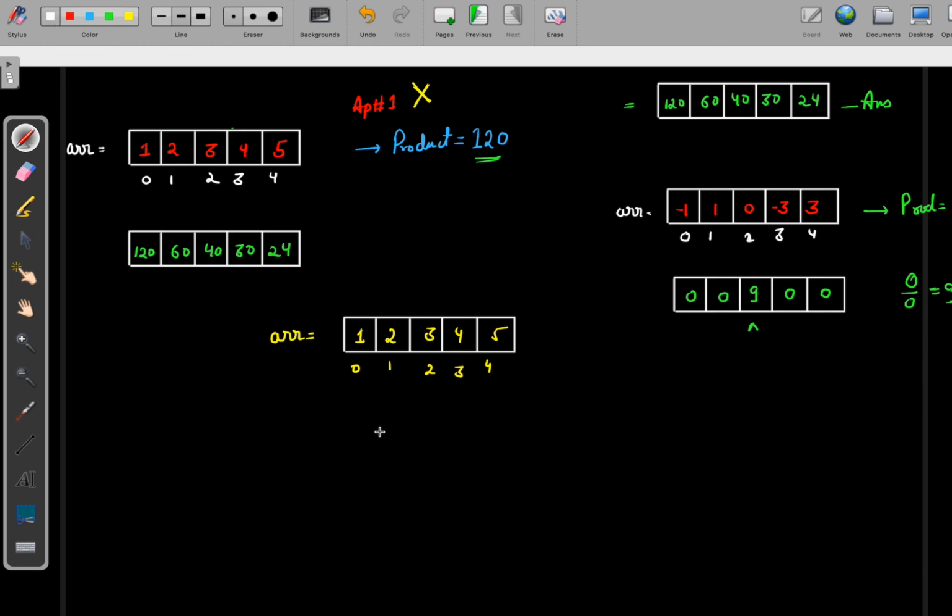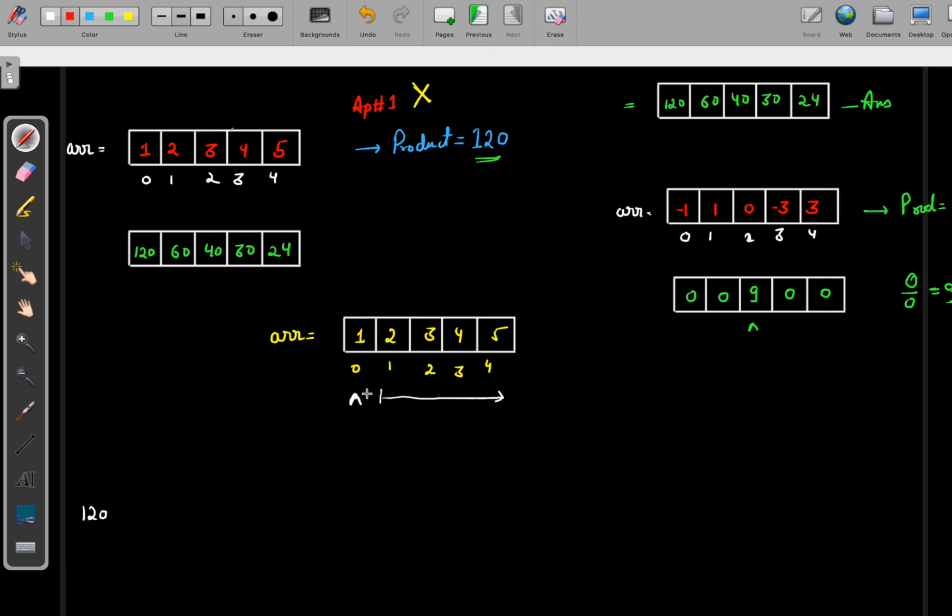One possible approach can be that I will consider one element, and then I will find the product of the rest of the numbers. If I find the product of all the rest of the numbers, it will give me 120. Okay, that's good.